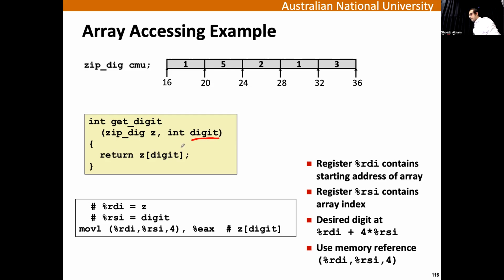This is the index into the array, and this is the base address of the array. And by now, you know that this is base plus index multiplied by 4. You scale by 4 and you go to the specific element. This is how the assembly looks like. And this is a memory reference.